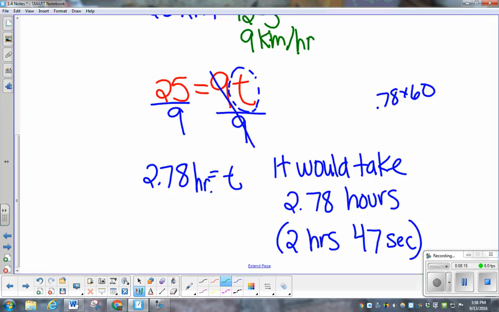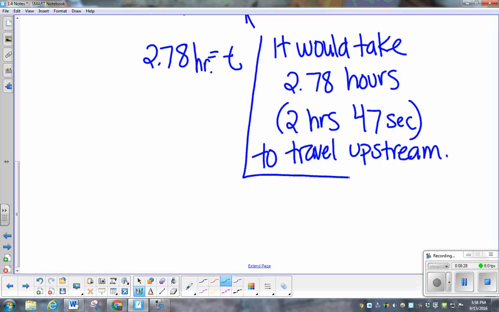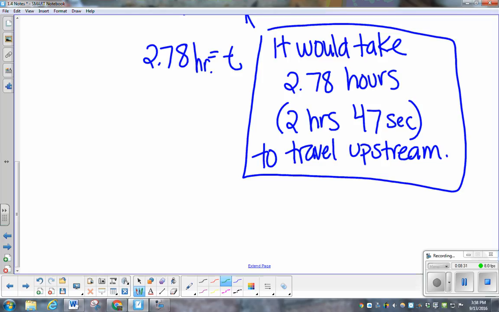So it would take 2.78 hours or 2 hours and 47 minutes to travel upstream. That is my solution. All that writing. So pause it if you guys need to, otherwise we're going to do a couple more examples here.